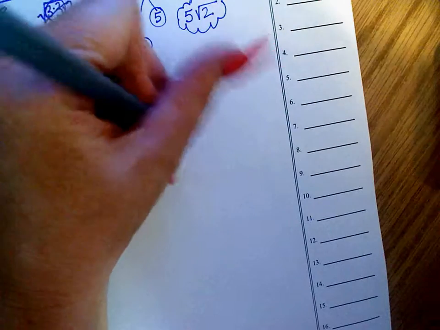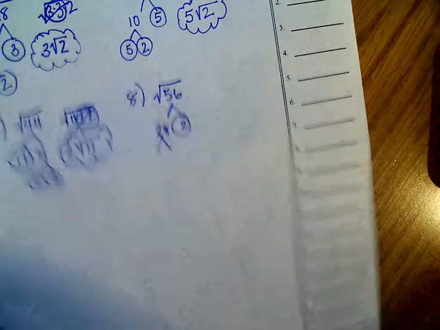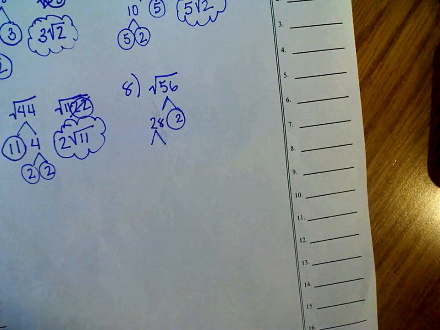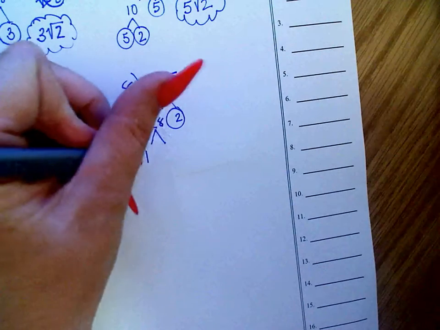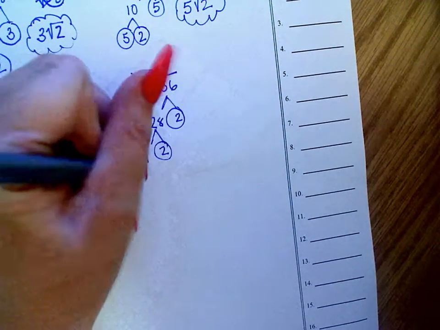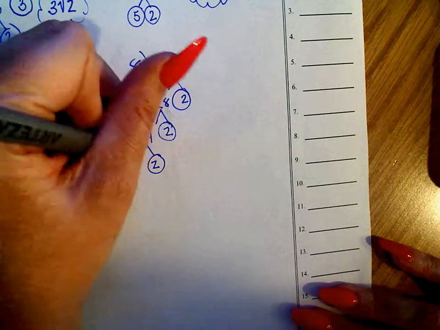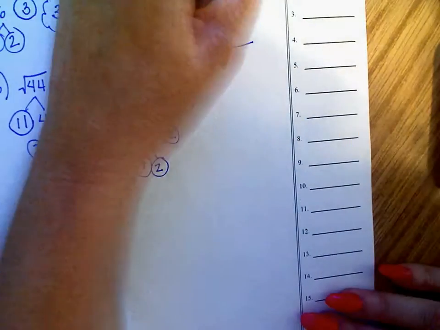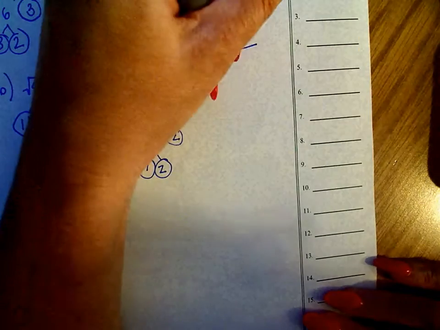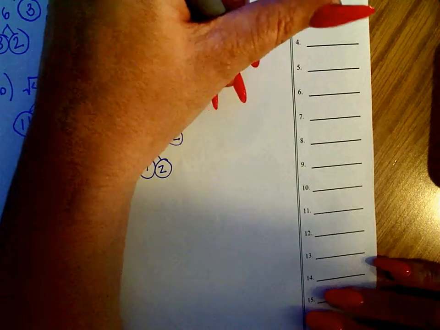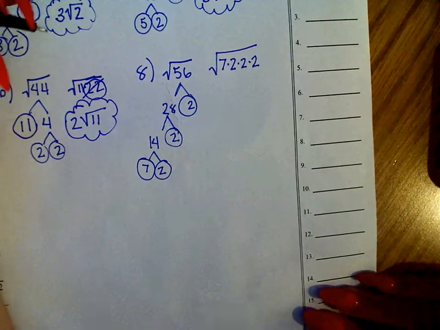It's 28 and 2. 28, you can do 14 and 2. 14, you can do 7 times 2. Okay, so put 7 and then 3 2s.